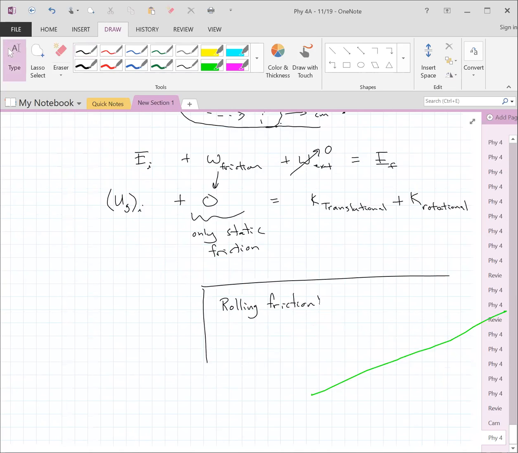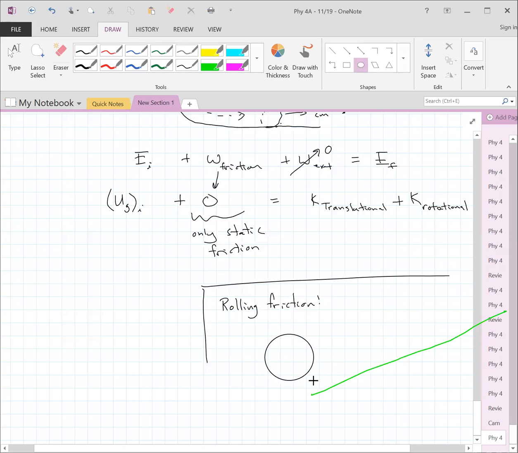When they rotate, they deform slightly. So you have an object here. This is always hard for me to draw. Well, everything is hard for me to draw, but this is particularly hard. Here, let me try this. So as this object rotates, like the tires on your car, they bunch up a little bit right here.